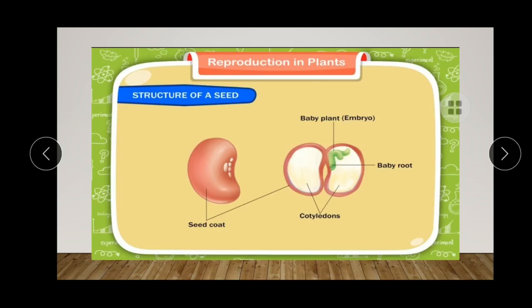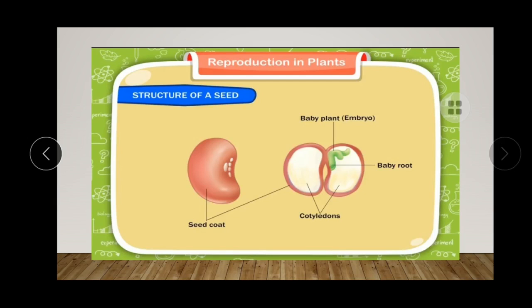That part is called the embryo. The seed leaves have food stored in them, and the baby plant, which is the embryo, uses this food to grow till it has leaves and can make its own food.